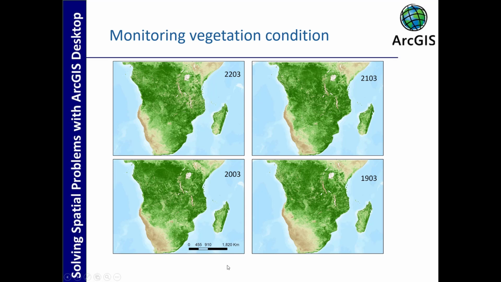So we can see in Southern Africa how was the vegetation condition during this period. The greener the area, the more healthy the vegetation, and the less green, the less healthy. So we can see in 2020 in Southern Africa that we had a problem in all this area here. The vegetation seemed not good.